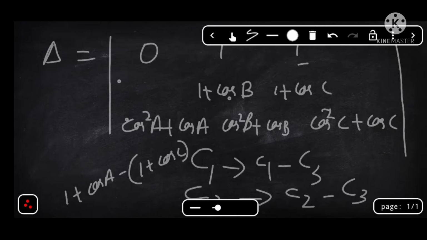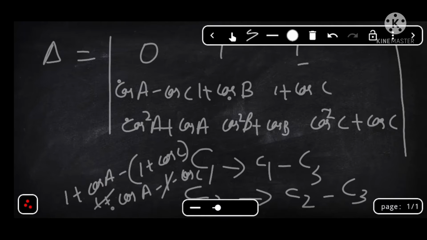That means 1 plus cos A minus 1 minus cos C. So 1 and 1 will get cancelled. So finally we will get cos A minus cos C.